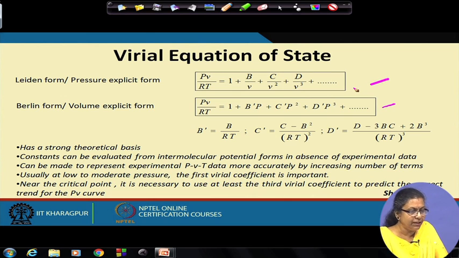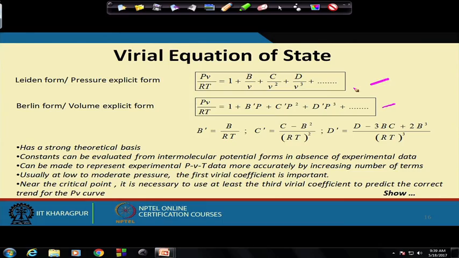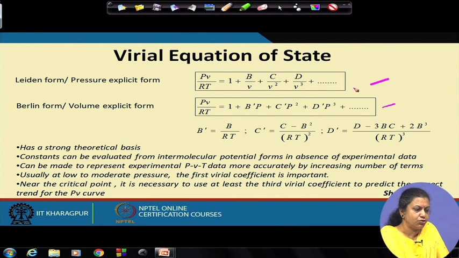So, depending upon the situation, we can include more terms and thus incorporate the extent of deviation from non-ideality just by using one particular equation. The other important thing I also mentioned is that the constants can be evaluated from intermolecular potential even when we do not have any experimental data.